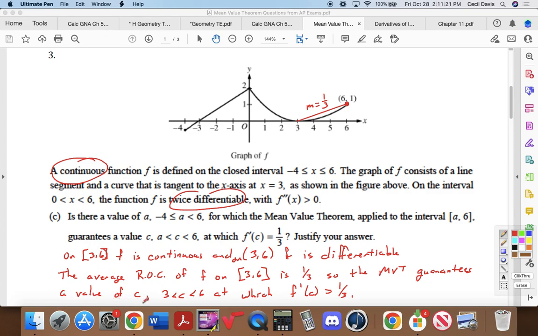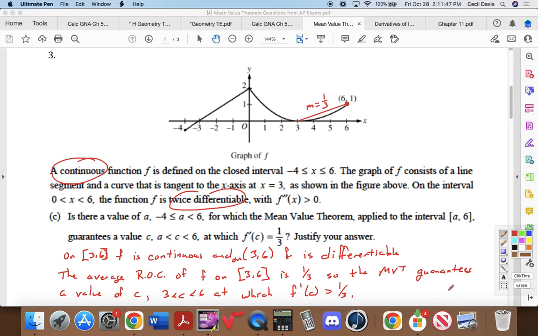Guarantees a value of C. All I did was change the A to 3, at which f prime of C is equal to 1/3. Okay. Notice, do they ask you to find the value of C? No, they don't. Sometimes they will, but on this one they didn't.